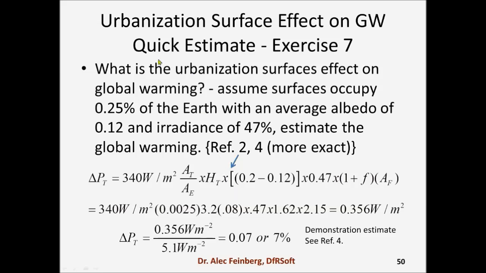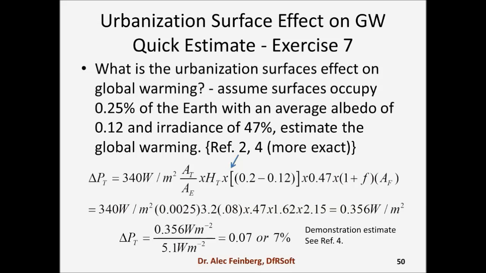All right, now I wanted to, on this last problem, talk about urbanization surface effects. In general, we talked about the fact that urbanization is surface effects. When we talk about surface effects, that means like when we paint the earth black with dark roads and roofs, we're increasing the energy in, which is a primary source of heating, as I mentioned many times.